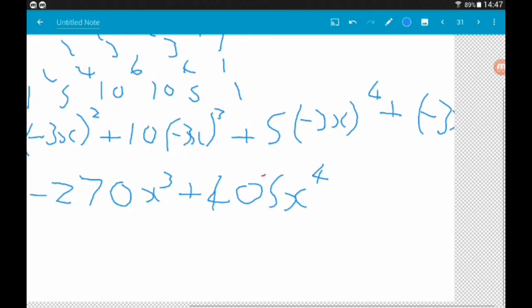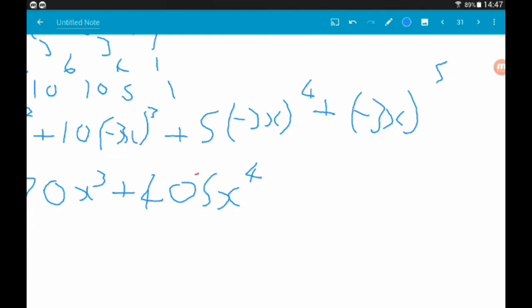And then our final term, well, we've got plus minus 3x to the power of 5. So that's an odd power, so we're going to get a negative term. Now minus 3 to the power of 5 is 81, which was minus 3 to the power of 4, multiplied by minus 3. So that's going to be minus 243x to the power of 5.